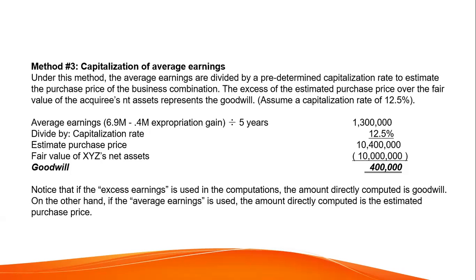The capitalization rate, and then we have the estimated purchase price of 10,400,000, giving us the difference as the goodwill. Notice that if the excess earnings is used in the computations, the amount directly computed is goodwill. On the other hand, if the average earnings is used, the amount directly computed is the estimated purchase price. Now, take note of this very, very important thing.